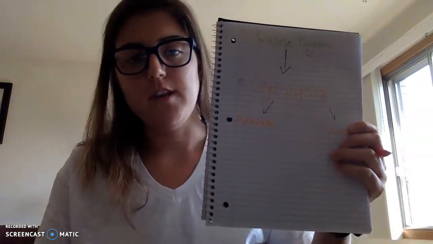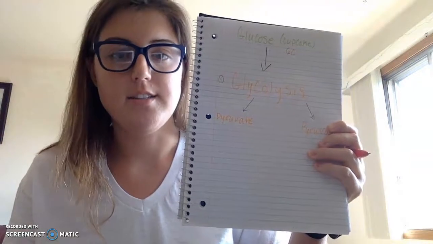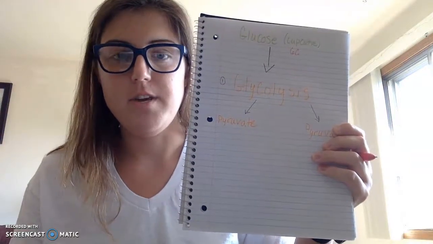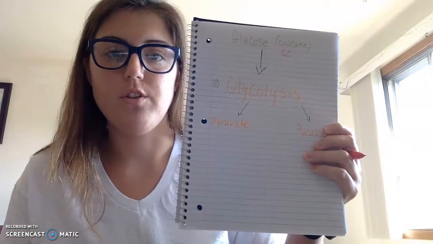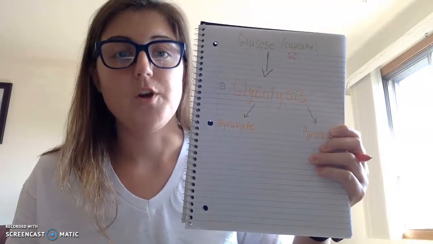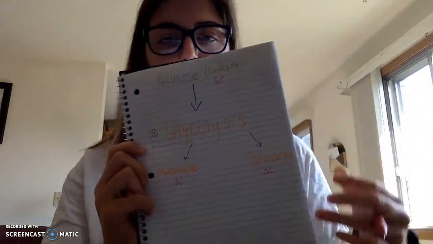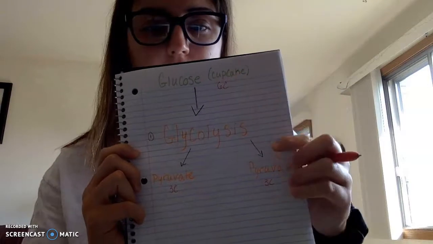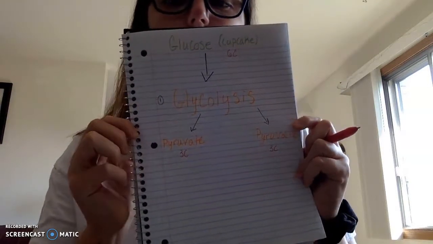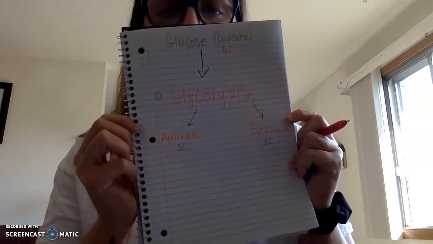The first step in the cellular respiration is glycolysis, and this is going to be the process to break down the glucose, the carbon in the glucose. So this process, we get 2 3-carbon molecules. So we started with our 6 carbon, and now we have 2 pyruvates, which have 3 carbons each.